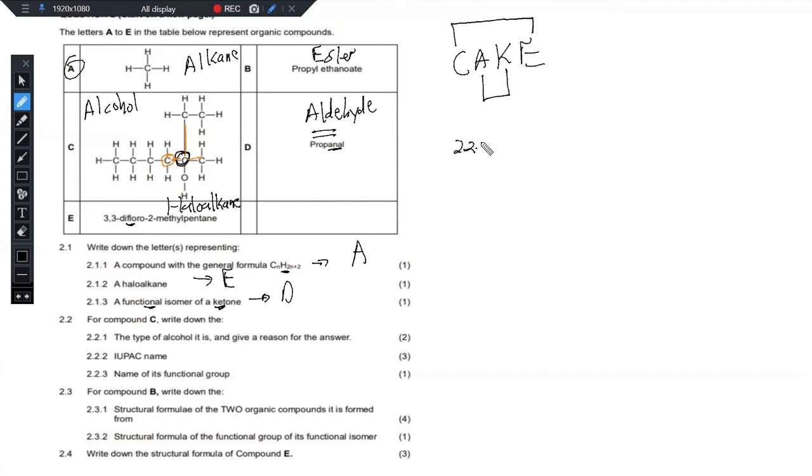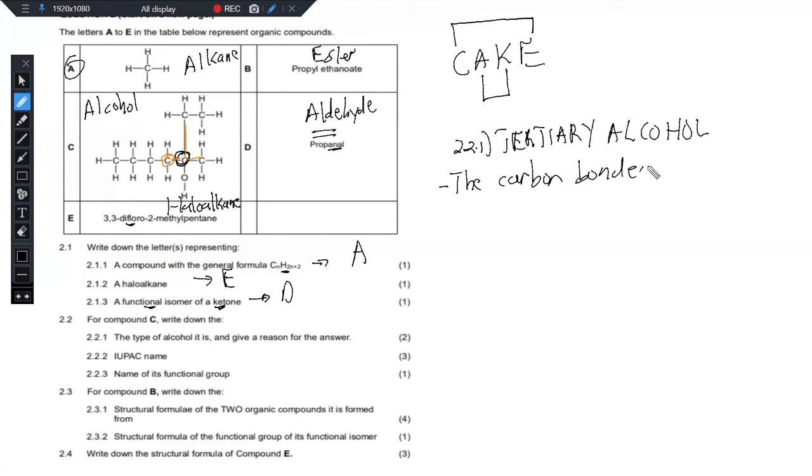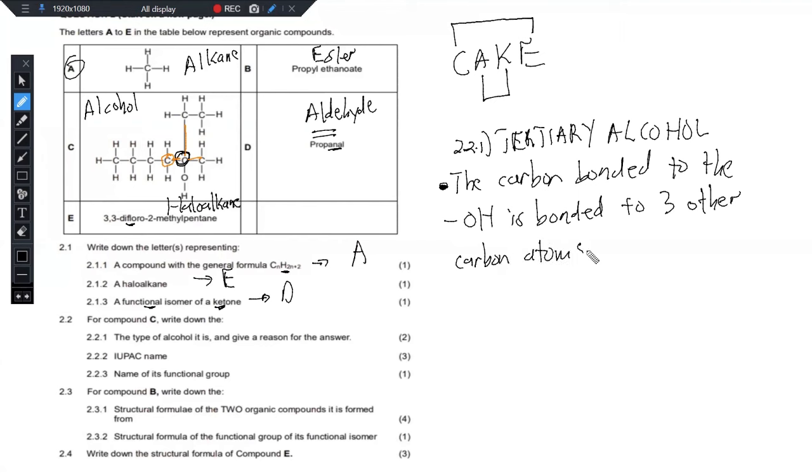So for 2.2.1, we say we have a tertiary alcohol. And then the reason for that: the carbon bonded to the OH group is bonded to 3 other carbon atoms. And then voila, that's how you have it.